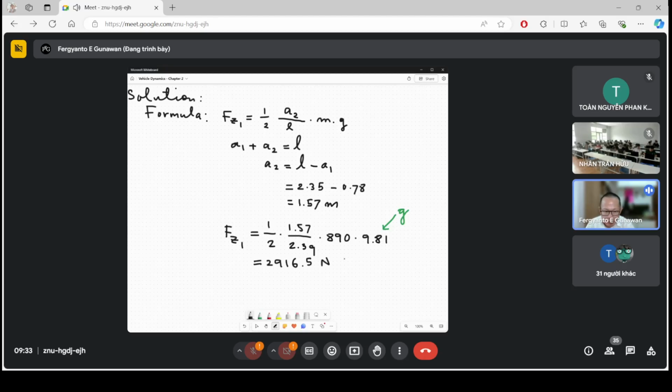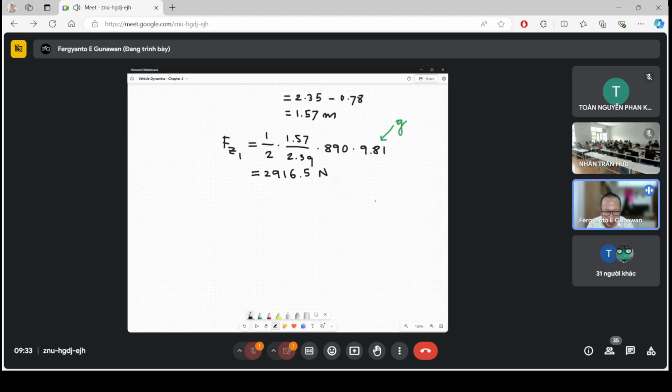Now, by using the same approach, I can obtain FZ2, which is half of A1 divided by L, multiplied by M, multiplied by G. It's easy to see that A1 is 0.78, divided by L, which is 2.35, multiplied by M, and M is 890, multiplied by 9.81.